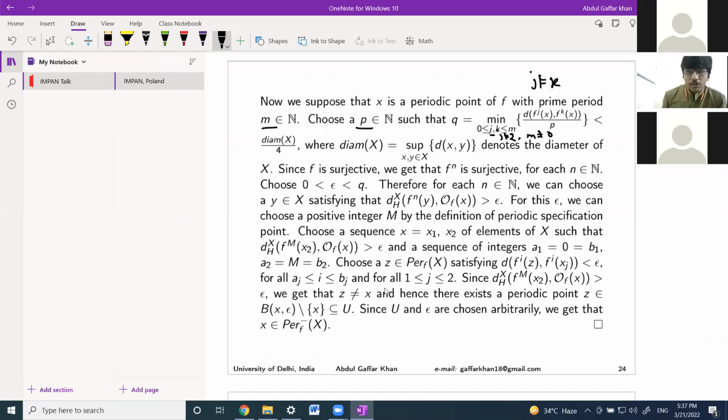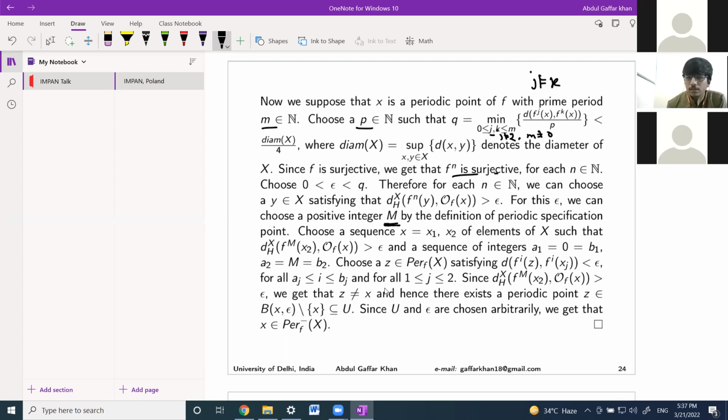So since f is surjective, we get that f^n is surjective, and hence for q small enough, for epsilon smaller than q, we will use the definition of the periodic specification property, and this will give the existence of the integer m.